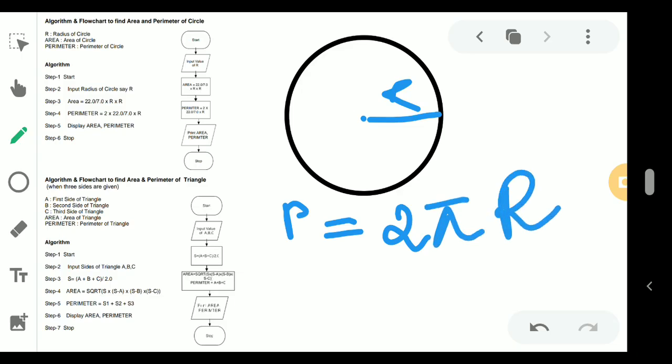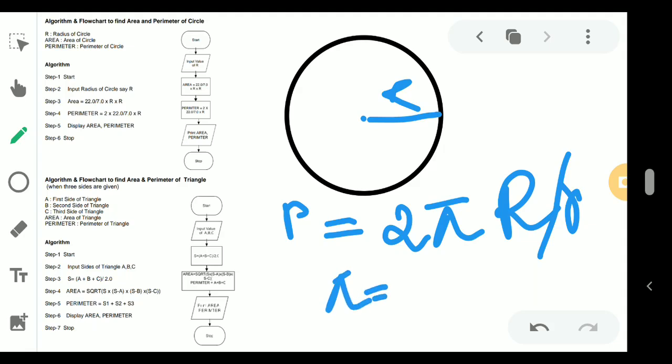You can consider r in small or capital. One more thing: in an algebraic expression you can write pi, but in programming we cannot use the pi symbol. We have to use the value of pi.